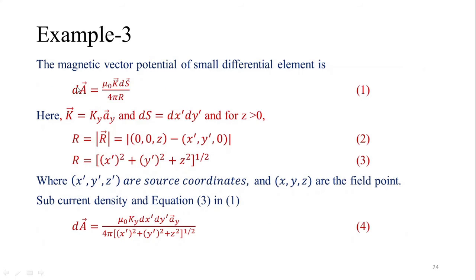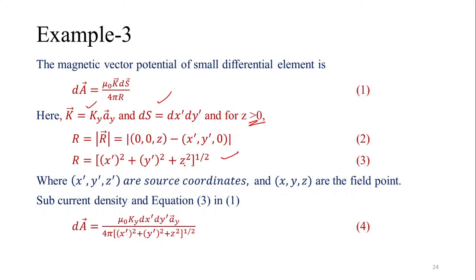Here we know that for a surface current distribution, the vector potential dA is mu naught K dS by 4 pi r, where K is Ky ay and dS is dx dash dy dash for z greater than 0. And r is (0, 0, z) minus (x dash, y dash, 0).